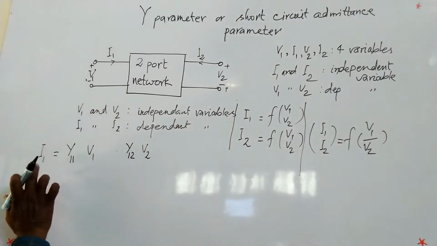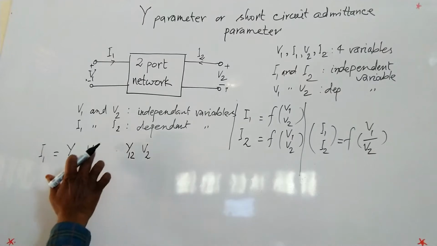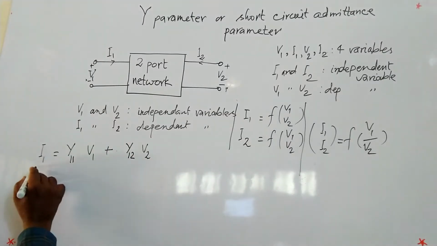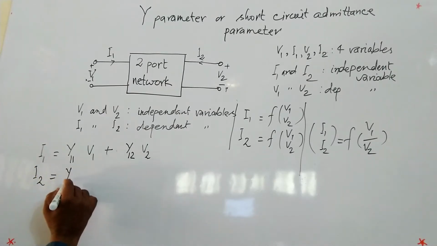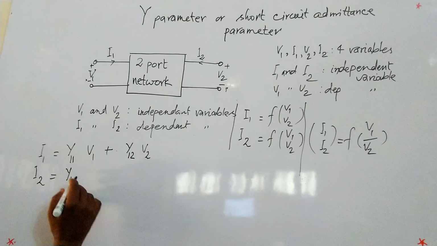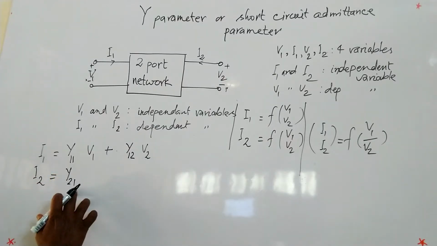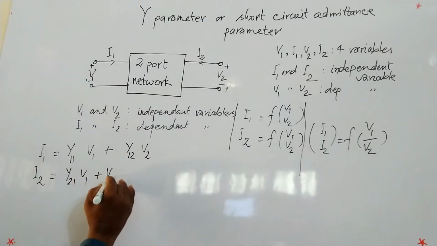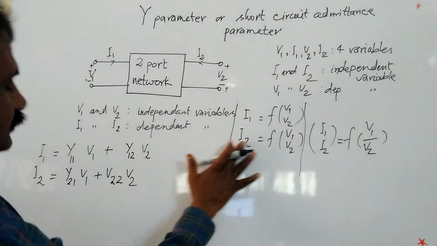It means I1 will be the sum of y11 V1 plus y12 V2. Similarly, we can write I2 equal to y21 V1 plus y22 V2.